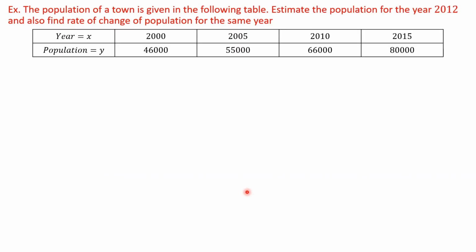Here we have to find the population of a town. The population of the town is given for these years. In the year 2000 it is 46,000, in the year 2005 it is 55,000, in the year 2010 it is 66,000, and in the year 2015 it is 80,000. You have to estimate the population for the year 2012.